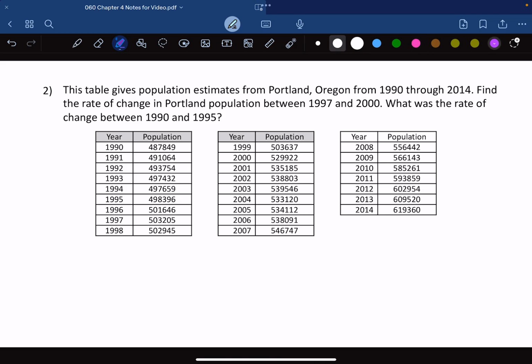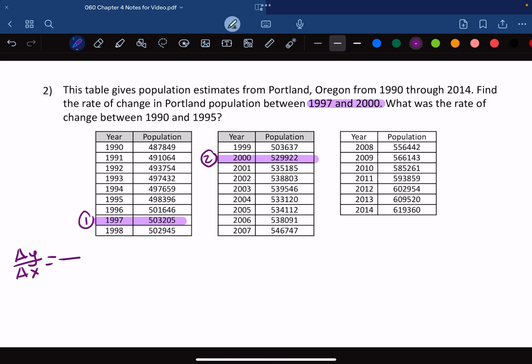Let's highlight those purple. Do 97, 2000. And I will number those 1 and 2. And we want to look at the change in y over the change in x.